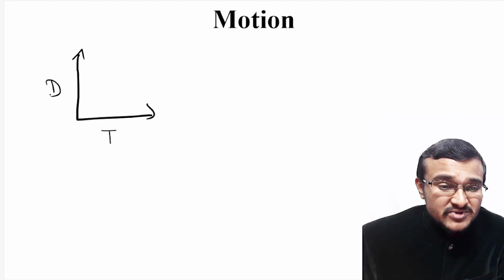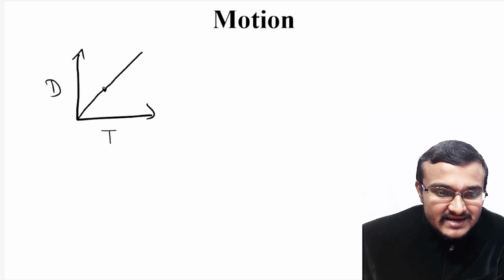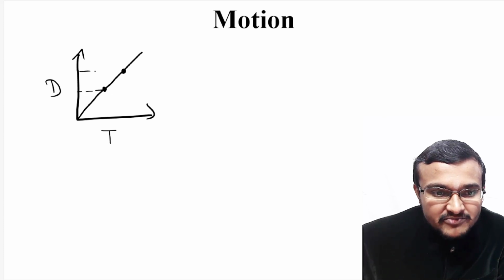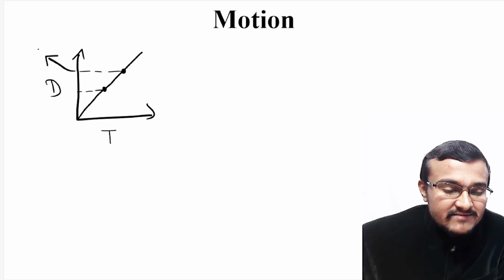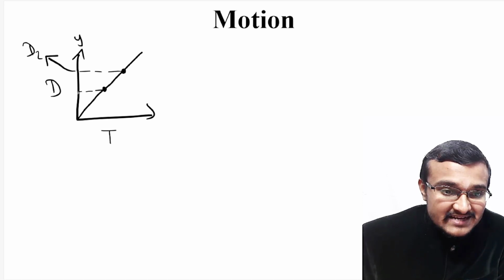Now consider this particular distance versus time graph, where the graph is a linear graph. If you draw a perpendicular line from this point, then this particular point on the y-axis will be distance 2, and this particular point will be distance 1.